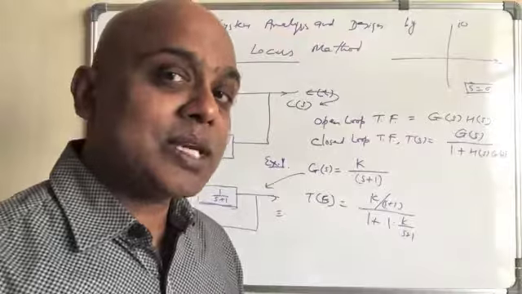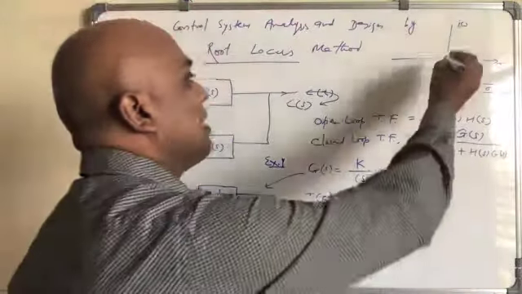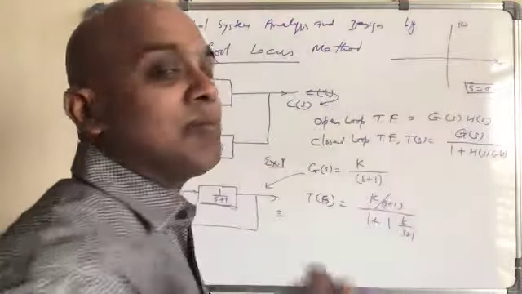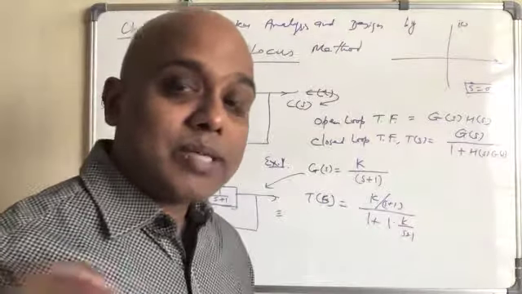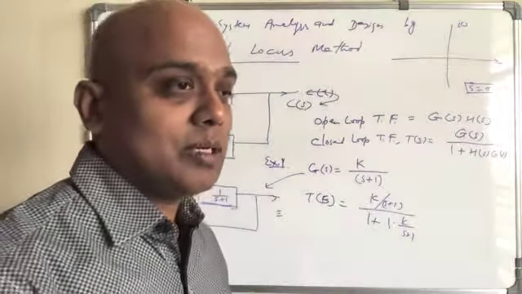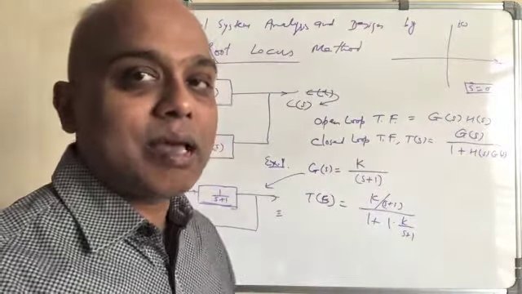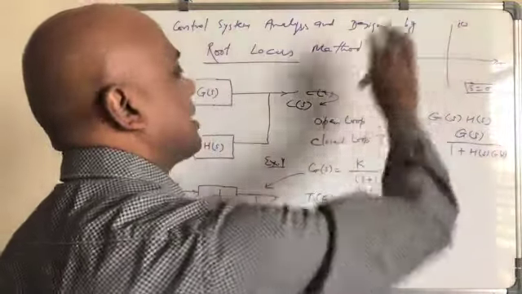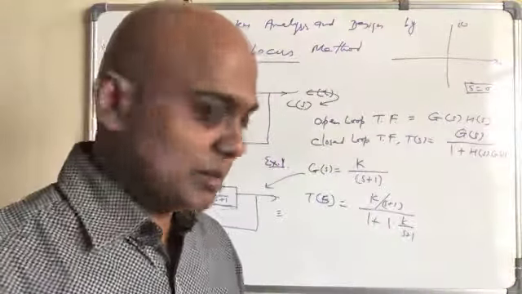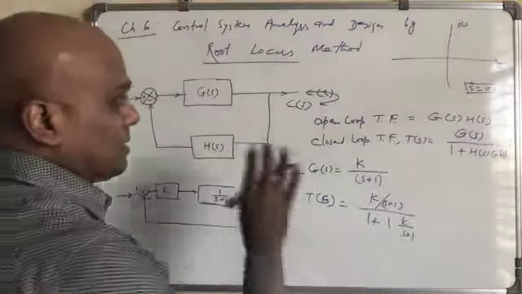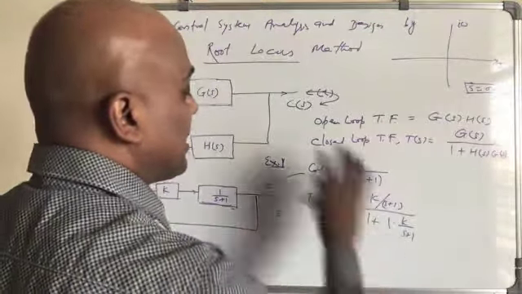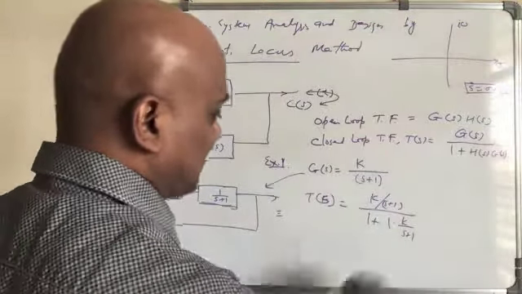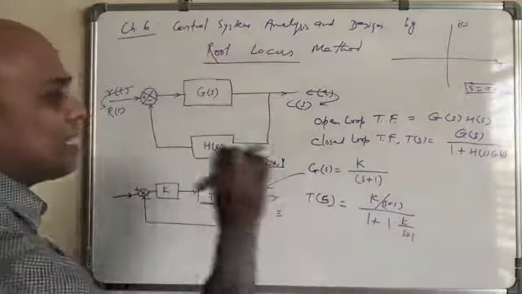For example, if it is a second order system, we can find out whether it will be overdamped, underdamped or critically damped. All those things we can find out just by looking at the root. So the idea here is to vary K and find out the root.